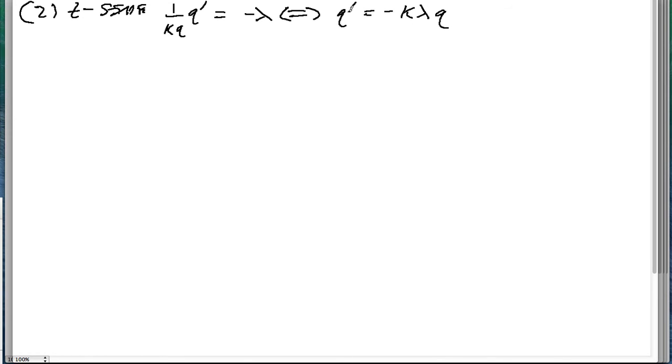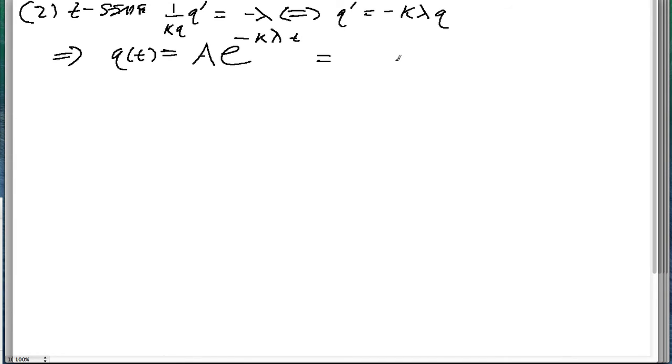This is a first order linear equation, and from our standard ODE class analysis that we've done probably many times, we know q is going to be an exponential. Q of t is going to be a family of exponentials, a e to the negative k lambda t.